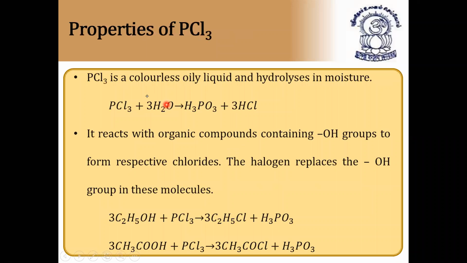Let us see now the properties of PCl3. PCl3 is a colorless oily liquid and hydrolyzes in moisture. When treated with water, it forms H3PO3, phosphorus acid. Phosphoric acid is H3PO4, phosphorus acid is H3PO3, plus 3HCl. It reacts with organic compounds containing OH groups to form the respective chlorides.